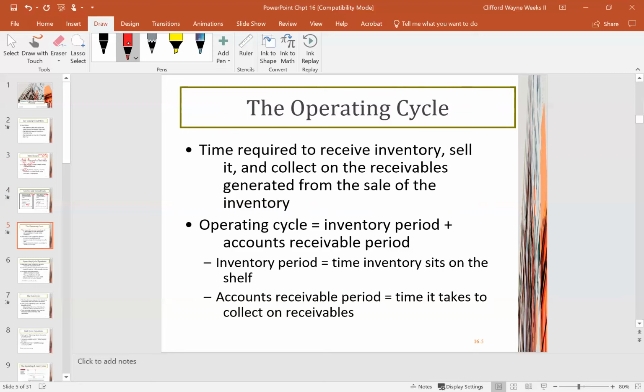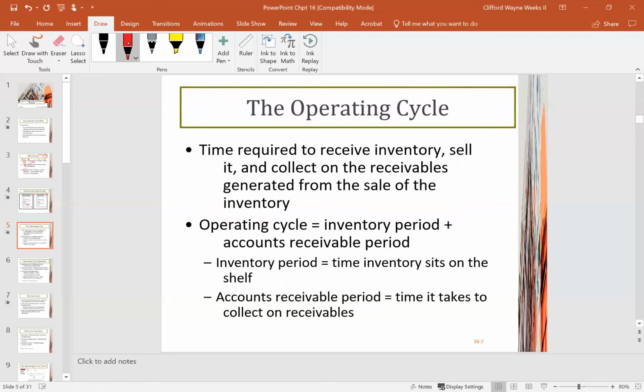When we say something is current, as long as it's within 365 days, that is deemed to be current. However, if you are an accounting major, in intermediate we expand that definition of current to be 365 days or the operating cycle, whichever is longer.